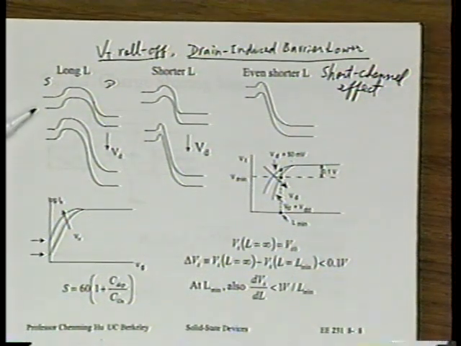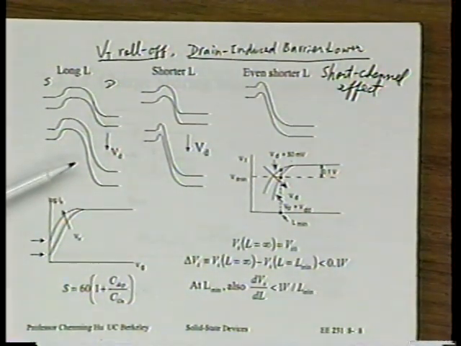The top curve is drawn for certain VG, probably VG at flat band voltage. So what we see is there is a barrier, maybe 0.8 volt, between the source and the drain that stops the electrons from the source from flowing into the channel. And that's why we don't have an inversion layer, because electrons from the source cannot get into the channel. Right?